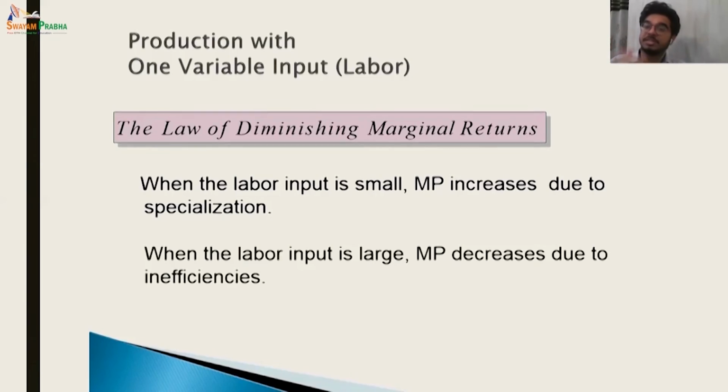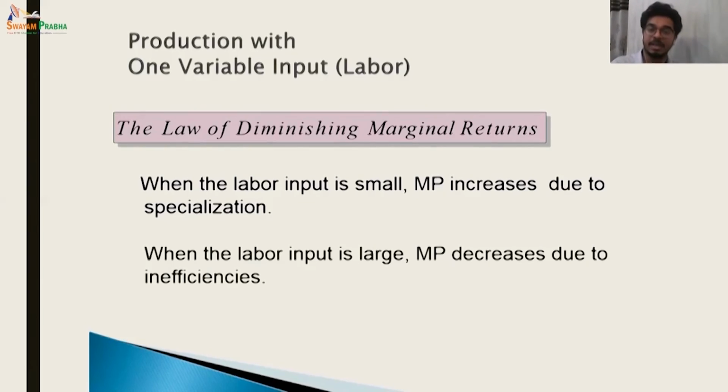When the labor input is large, because I have too many of it, and when I employ more and more, the output I get from it starts falling. So it decreases because of inefficiencies. The example I took: when you are doing group study in a larger group, people start talking, chatting over mobile, gossiping, fighting.